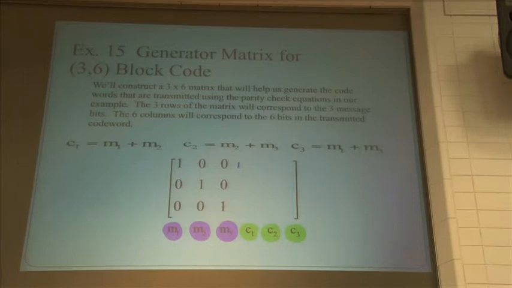Let's go to row 2 and calculate the first check bit for row 2. We're still doing C1, so add M1 and M2 together. 0 plus 1 gives us another 1. First check bit for the third row would just be 0. 0 plus 0.